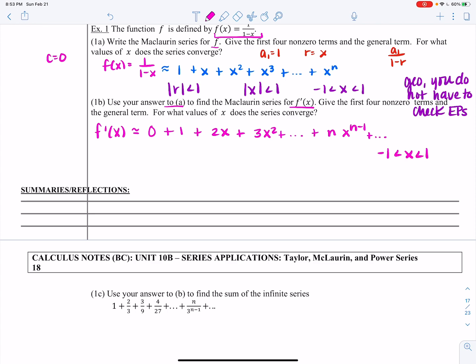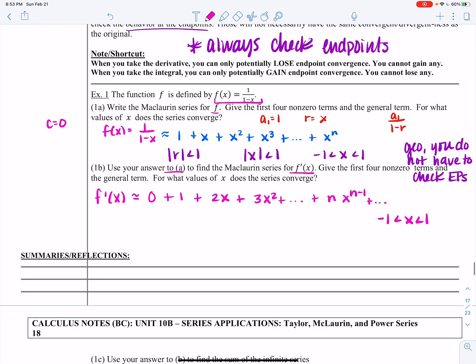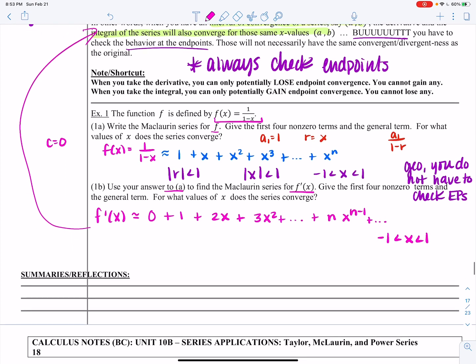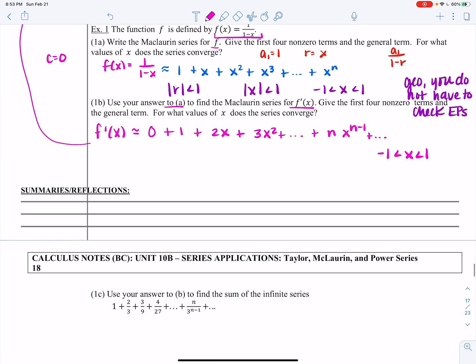Why? Because if we go back to this theorem, it says my interval of convergence is going to preserve everything but the endpoints. So since this is not geometric, I have to check endpoints.